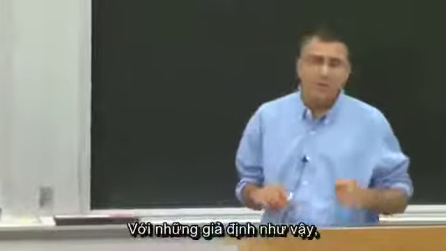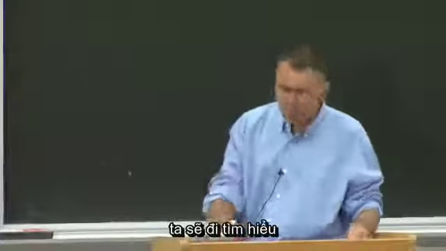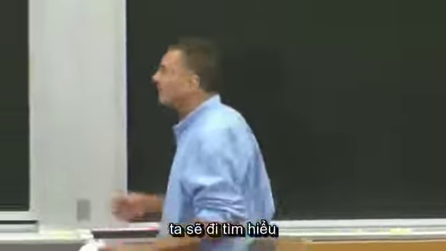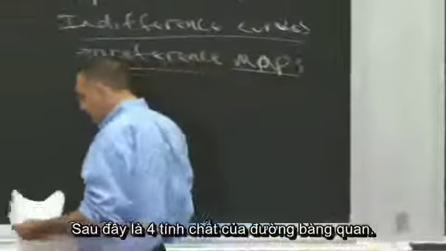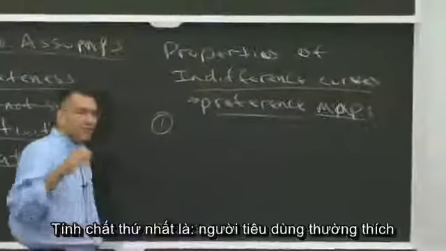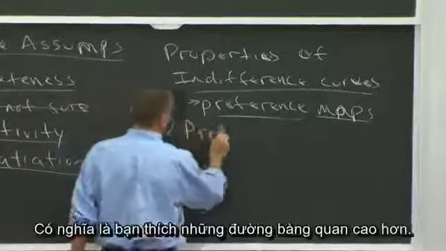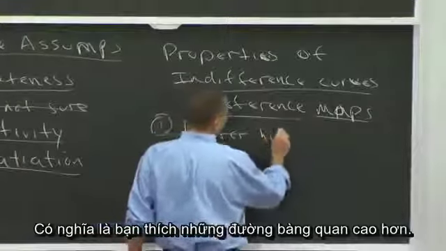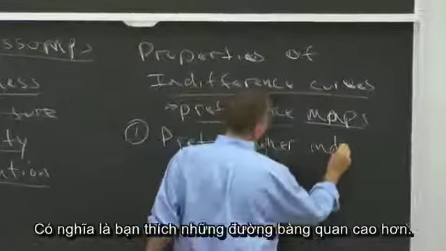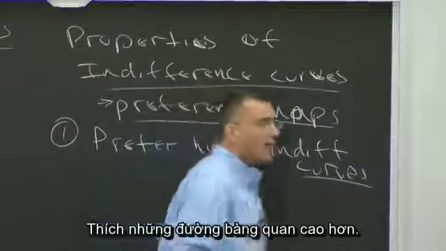Okay? So, armed with those assumptions, there are four key properties of indifference curves that we have to keep track of. The first is that consumers prefer higher indifference curves.